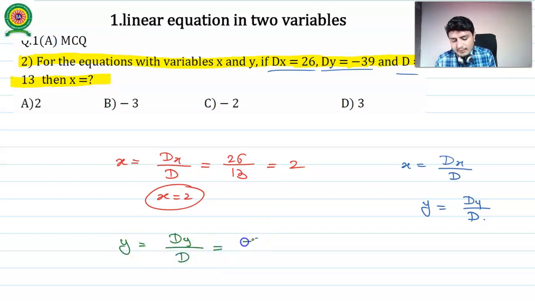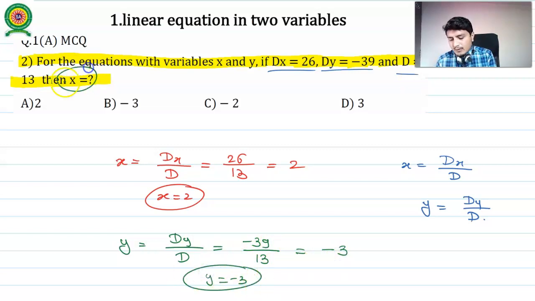The value of dy is minus 39 and the value of d is 13. So minus 39 divided by 13, plus minus becomes minus, 13 threes are 39. So the value of y is minus 3. Here we have to evaluate the value of x, so the value of x is 2. So our correct choice code is A, and we write the answer: choice code is A and answer is 2.